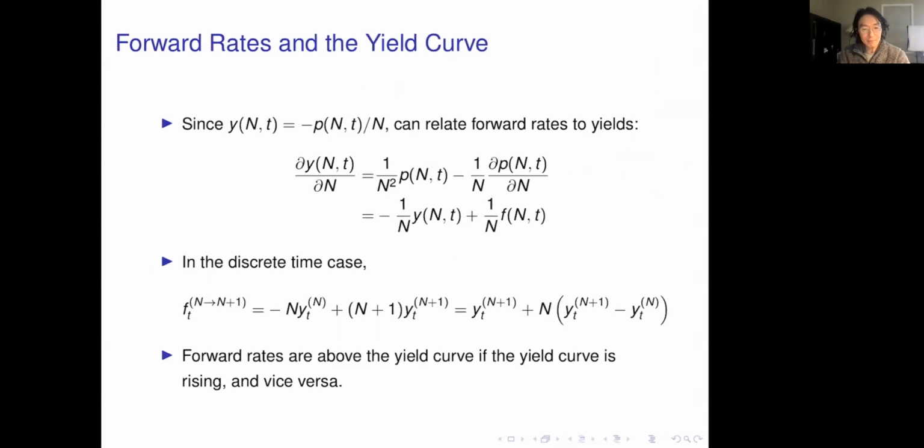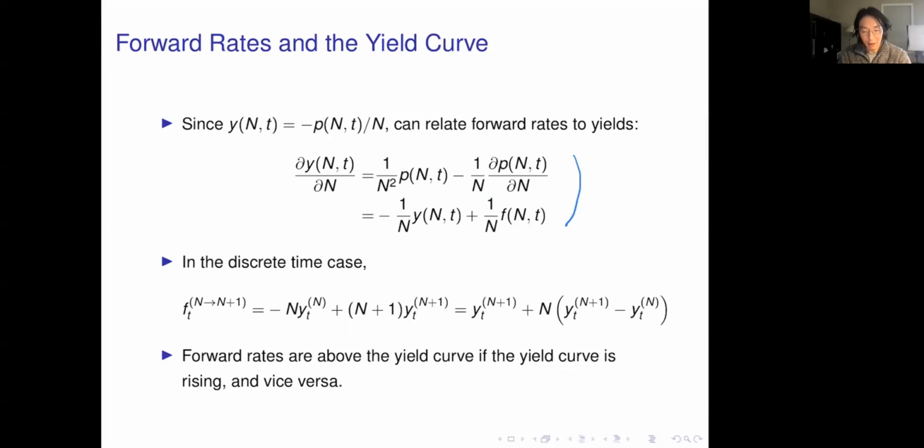Okay, then how forward rates and the yield curves are related. Because yields and prices are related, and we know that prices and forwards are related through the derivative we saw in the previous slide, we will plug in this expression for the yield instead of prices, and we get the second expression here.